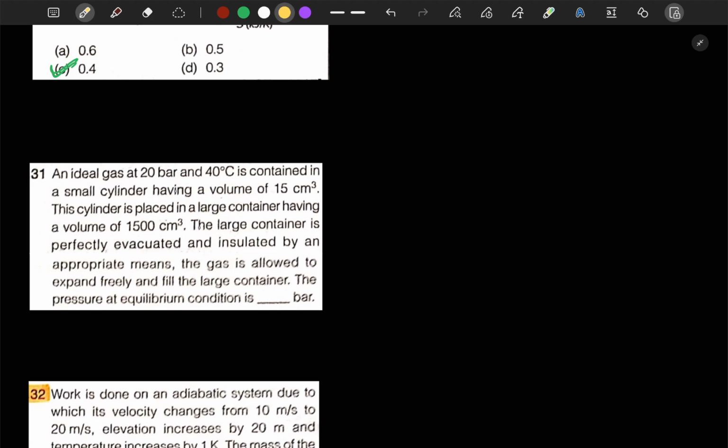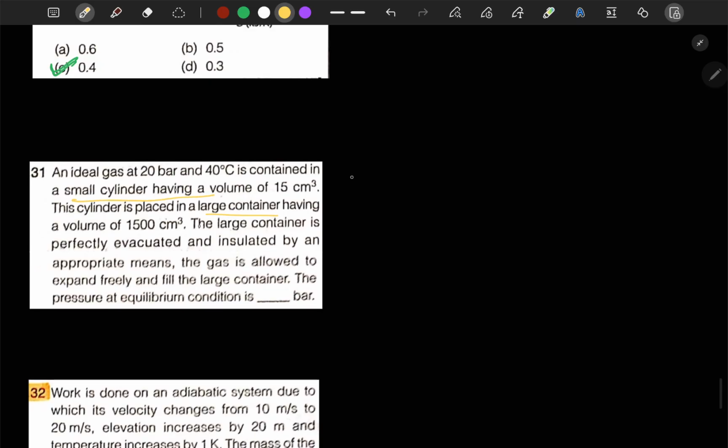Okay, so we have been given a small container placed inside a large container. Let's say this is a large container having the volume of 1500 centimeter cube, and inside it has been placed a smaller container having volume of 15 centimeter cube. Let's say this is state 1, and this is state 2 for this condition.